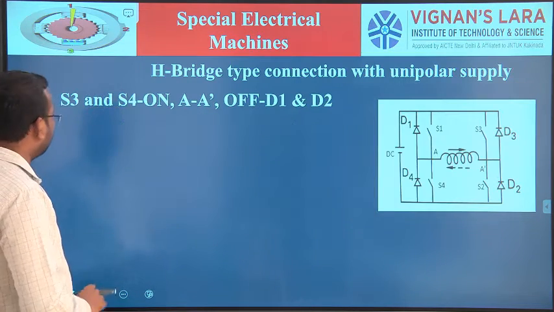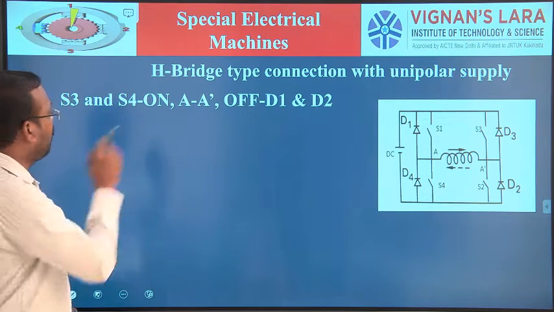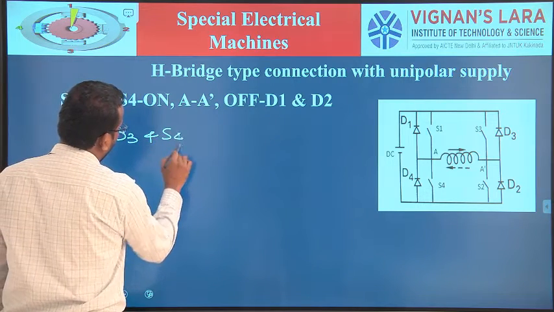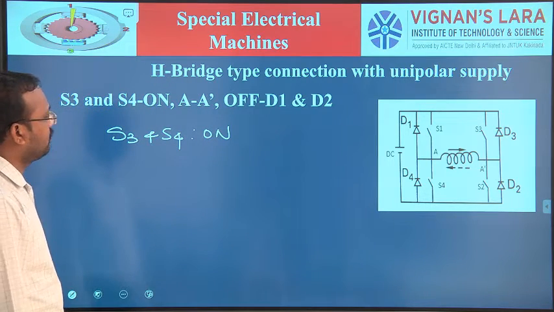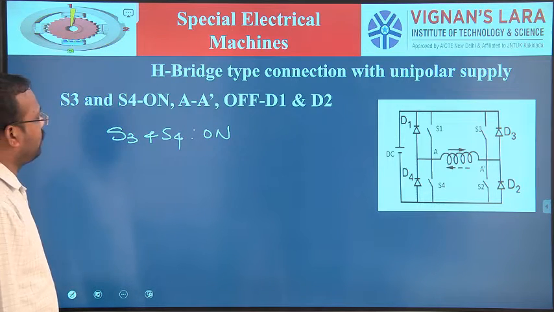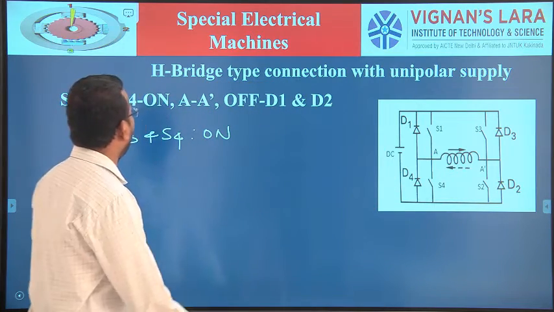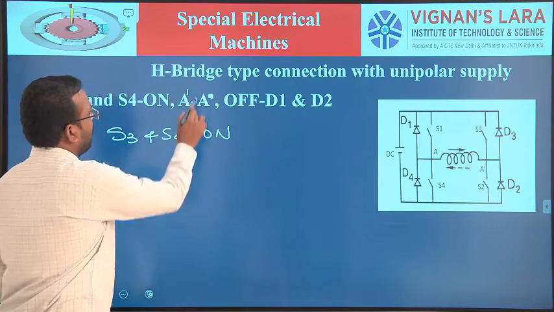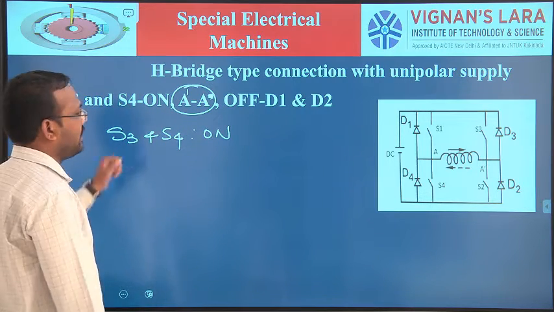Now the second mode. Switches S3 and S4 are turned on. Now what is the current position? The current is moving from A prime to A. Where is S3?